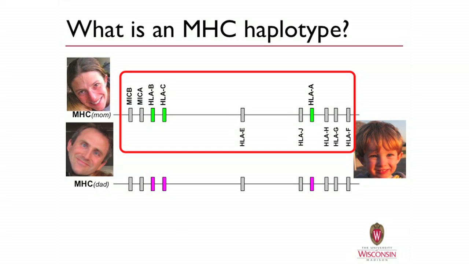And just to remind you, when I'm referring to a haplotype, that is the entire set of HLA alleles or MHC alleles that come from one chromosome. And if you remember this slide from last week, you inherit 1 haplotype from mom and 1 haplotype from dad when you have kids.